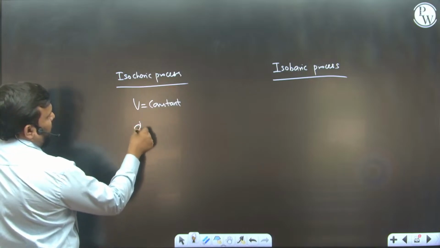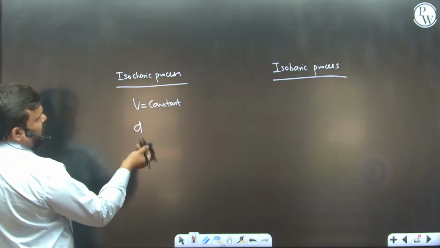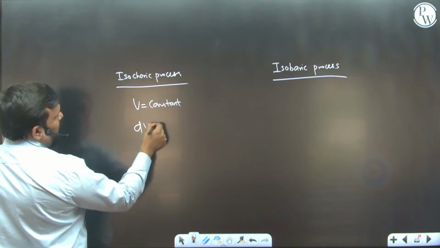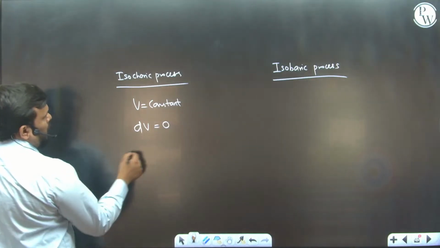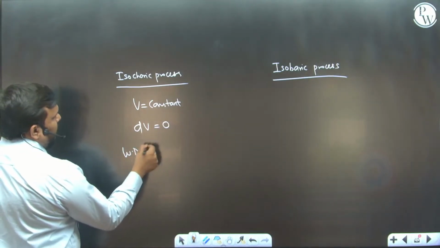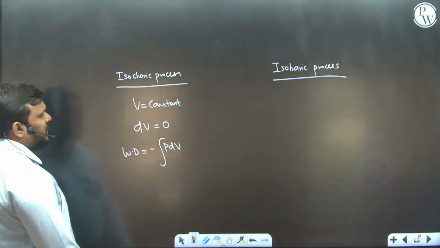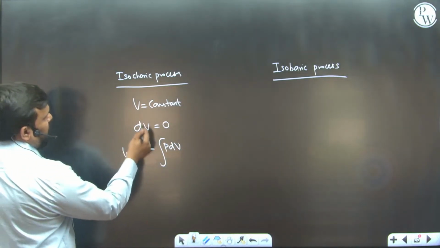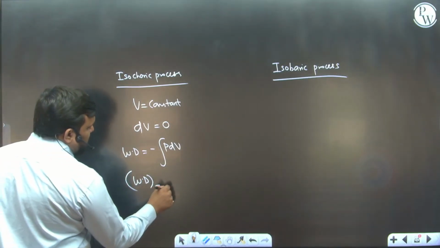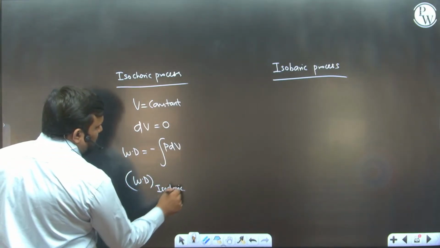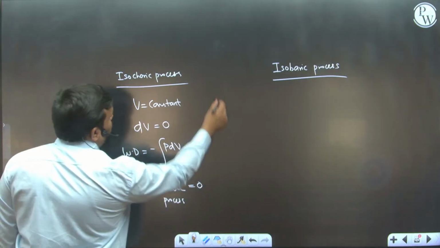So delta V, I think we should first differentiate this, dV. The differentiation of any constant is always equal to 0. So work done, as we already studied, always starts from the equation minus integral PdV, and here dV is equal to 0. So work done for an isochoric process we are getting over here is equal to 0.